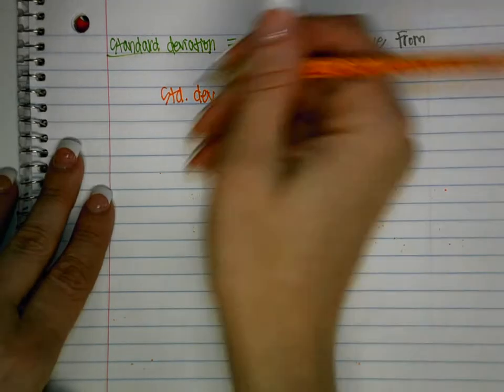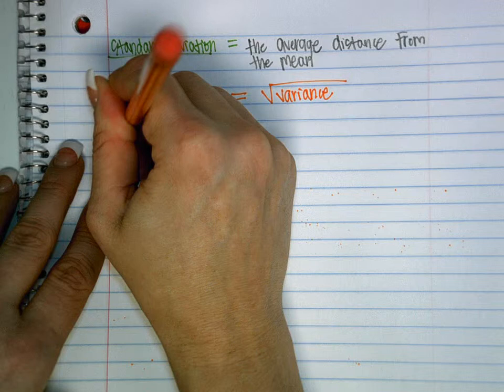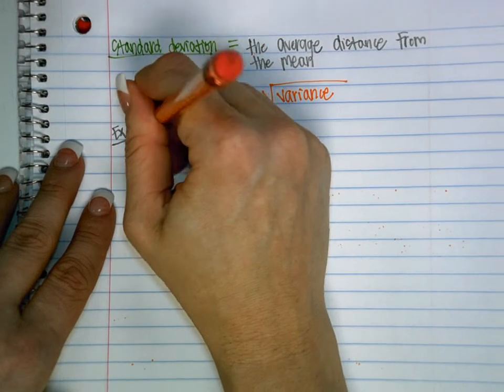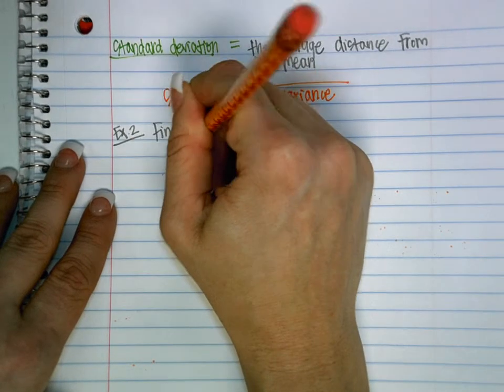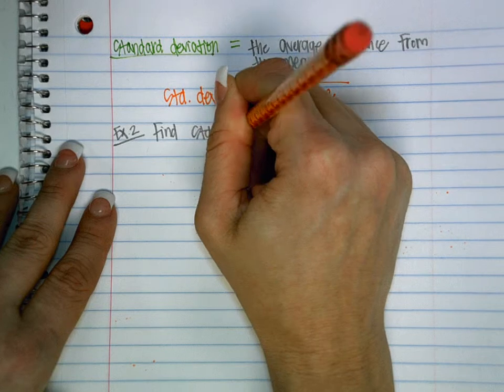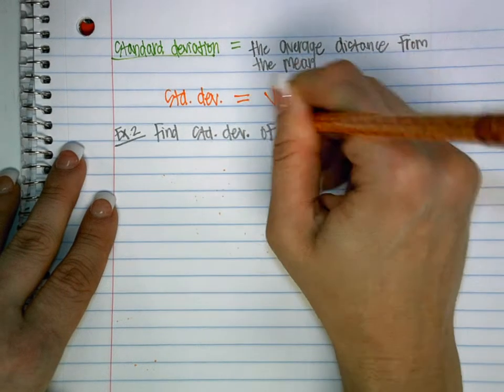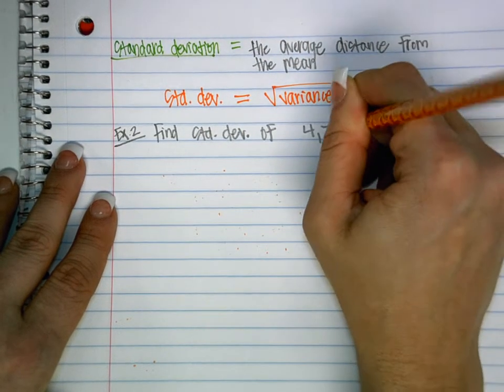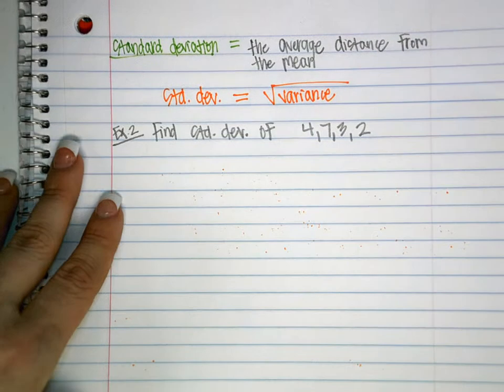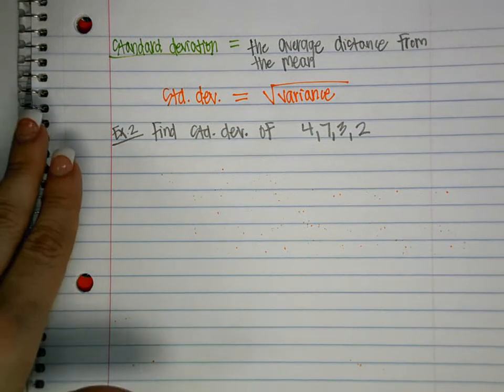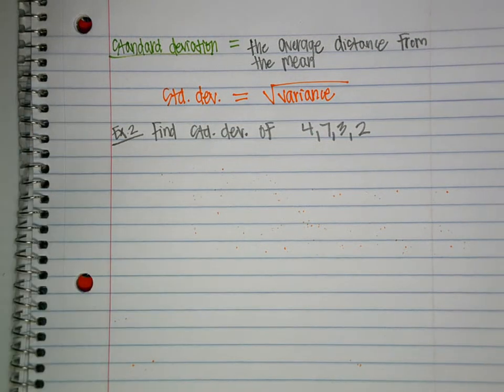So for example number 2, this time I would like you to find the standard deviation of the values 4, 7, 3, and 2. Do these look a little familiar?